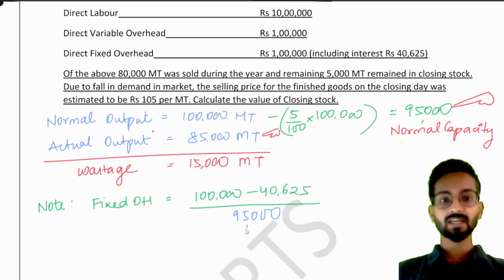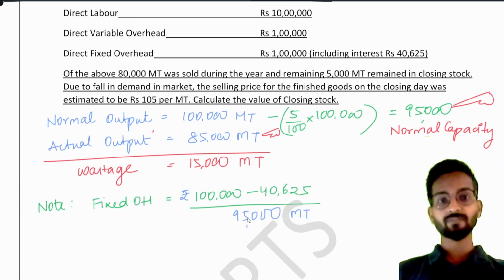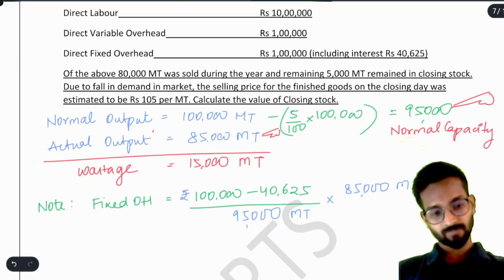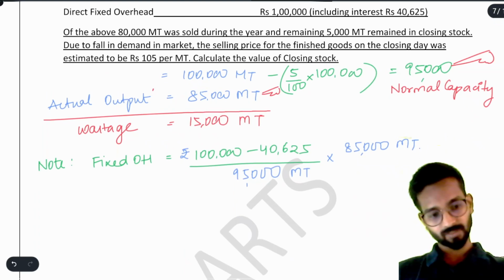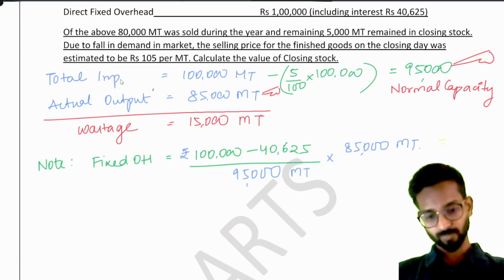By this I will get fixed overhead per unit because 95,000 is metric ton, this is in rupees. Now I will get the per unit, but I want to calculate fixed overhead for how many units? I have totally 85,000 metric ton of output. Okay, so I have to calculate fixed overhead like that. Then while doing this calculation, I can remove this, instead of normal output we can write here total input.